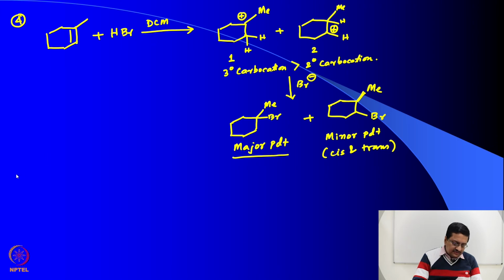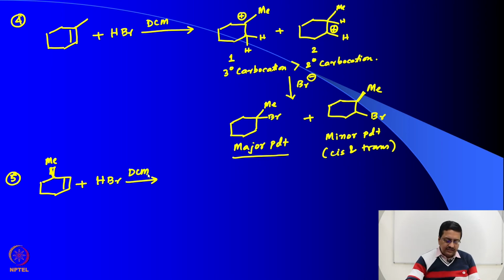Now if we change this to a very similar but different compound like this, and do the reaction with HBr once again as usual. So what we can clearly understand is that again there are two possibilities of carbocations.